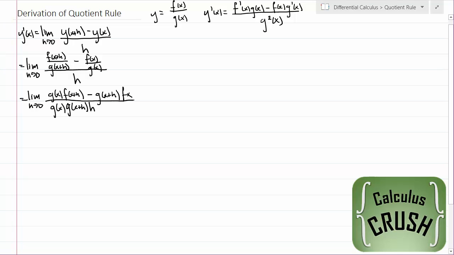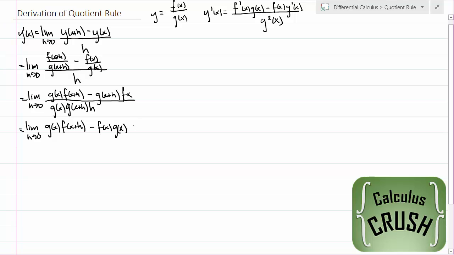That's the second term. There's not much we can do with this expression on its own. What we need to do is add and subtract an expression so that we don't actually change the numerator, but we can use it to do some factoring and some simplification. So we have g of x times f of x plus h. Now I'm going to write two new factors, minus f of x times g of x.